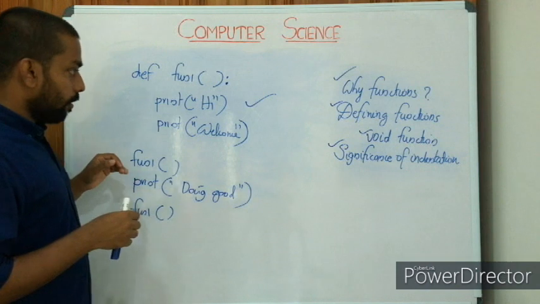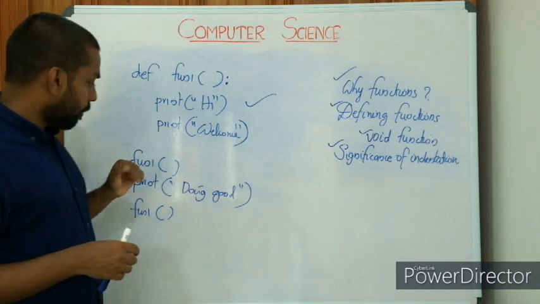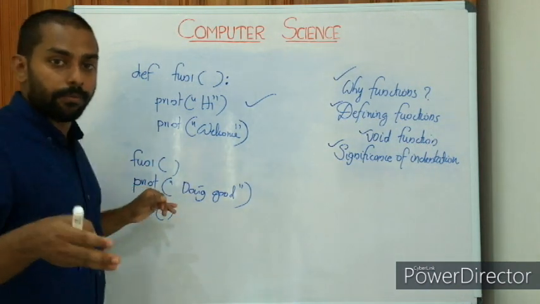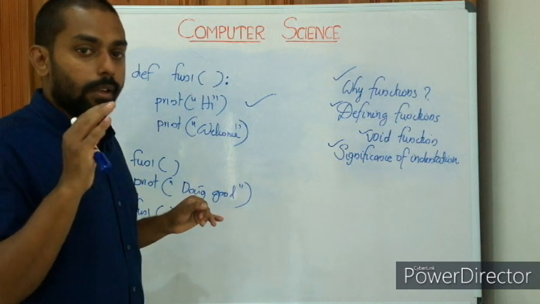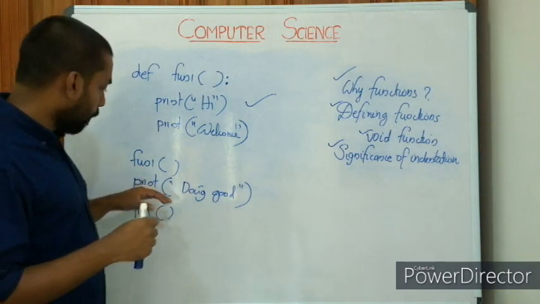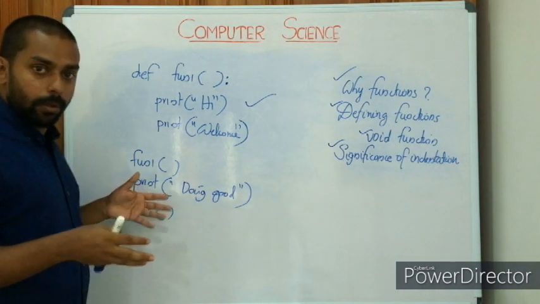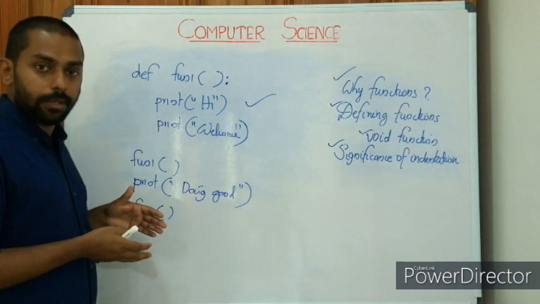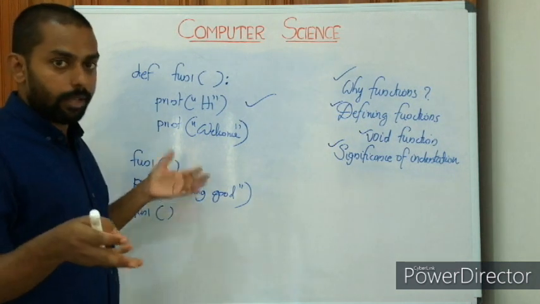Then we can call a function any number of times. That is how we are ensuring reusability. Then we can add statements in between function calling statements, and the result changes as we have seen.